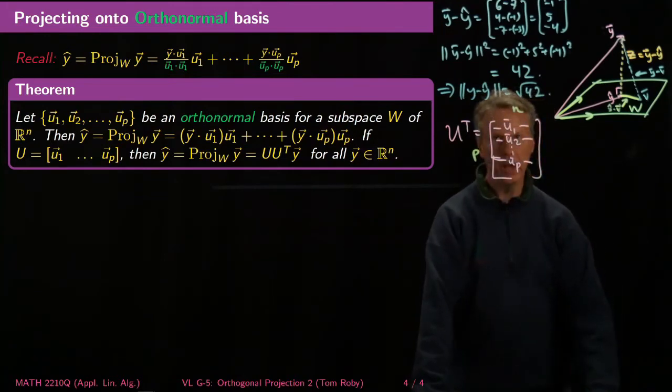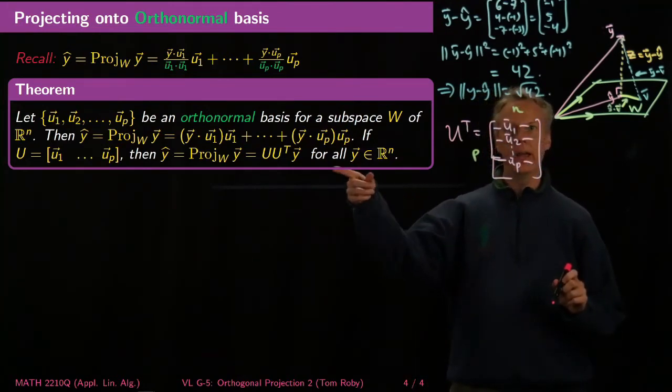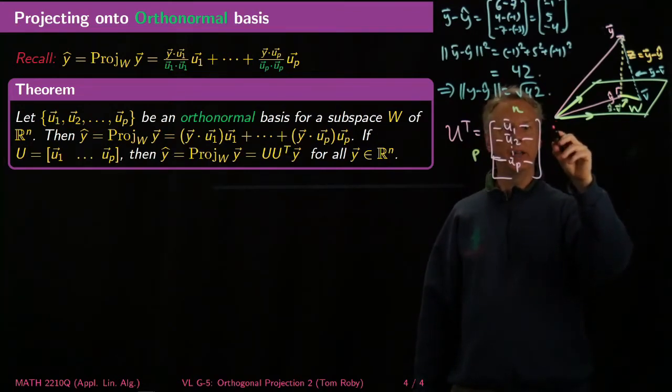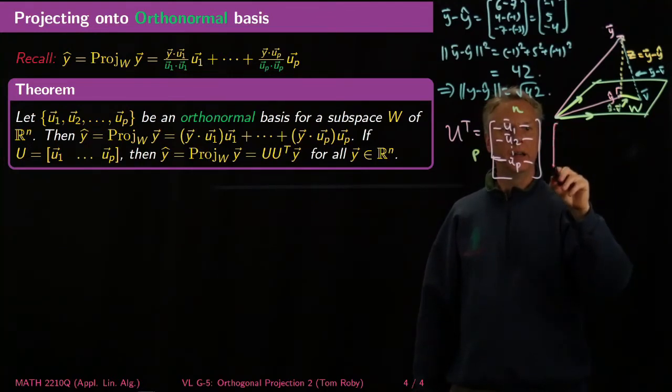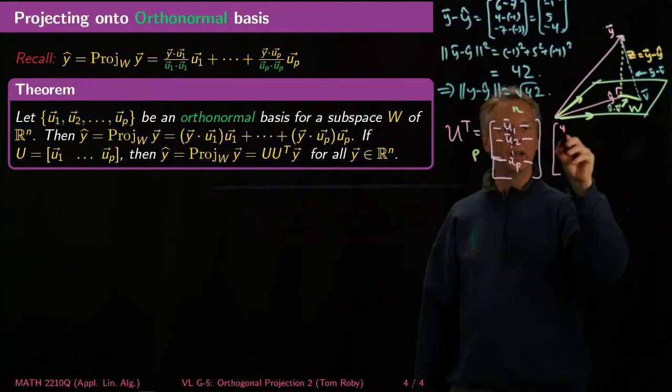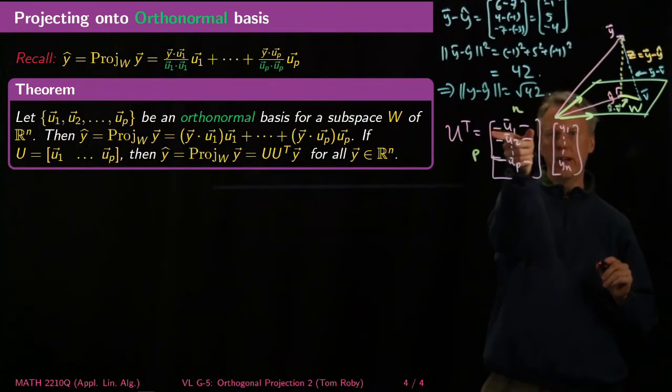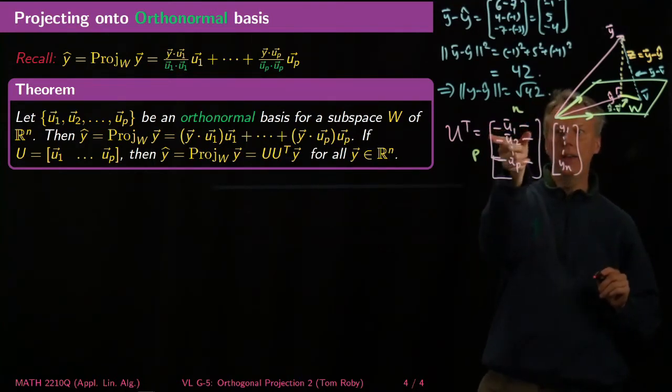Now, if I take that matrix and multiply it by y, what am I doing? I'm multiplying it by y1 through yn. That makes sense, right? Because each of these is a length n vector, and I'm taking the inner product. And what do I get?